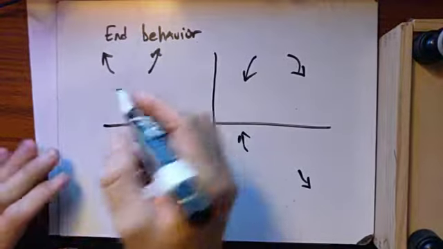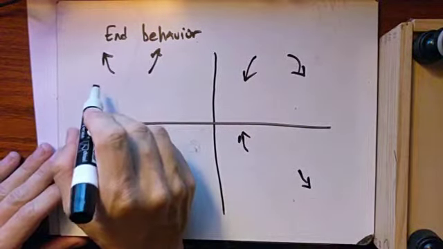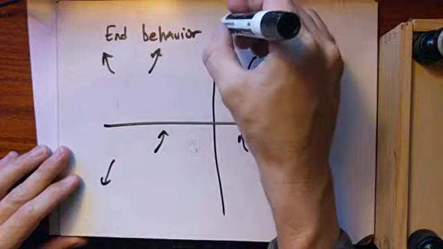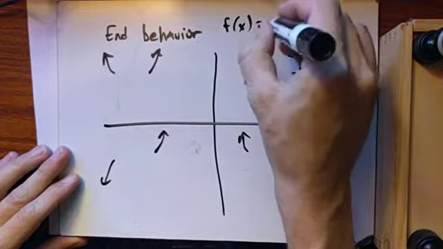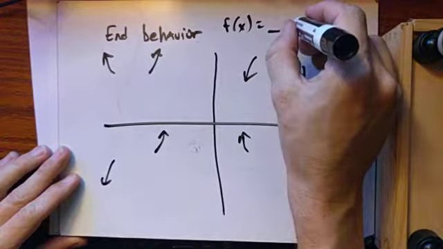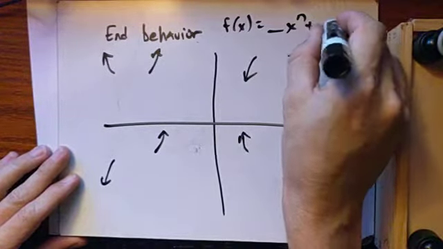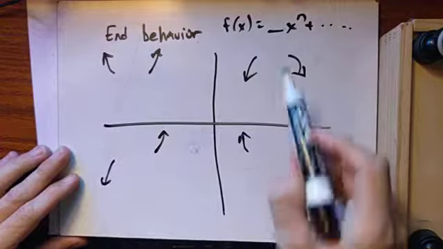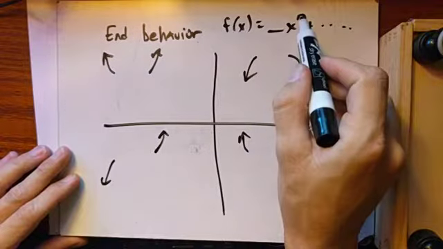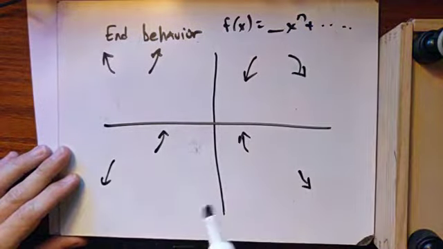Okay, what happens up here is you look at your leading term. So remember, f of x is some number times x to the n plus blah, blah, blah, right? So the leading term is the one that's in the very front with the highest degree.